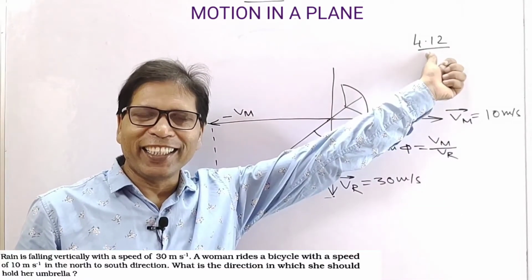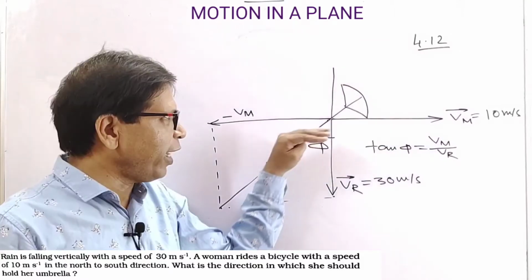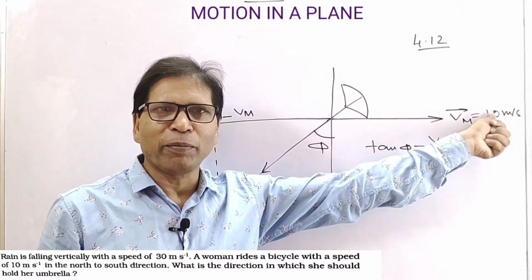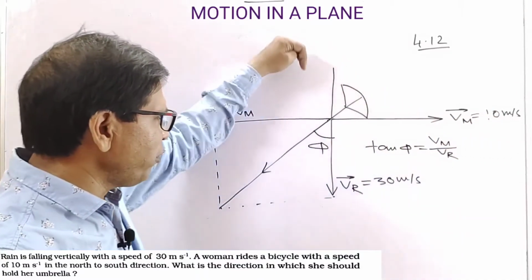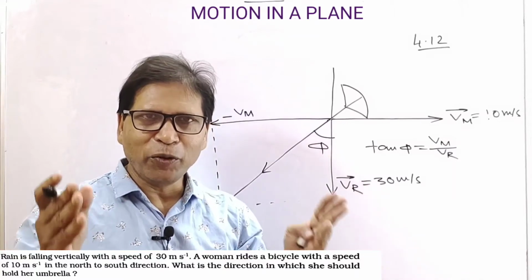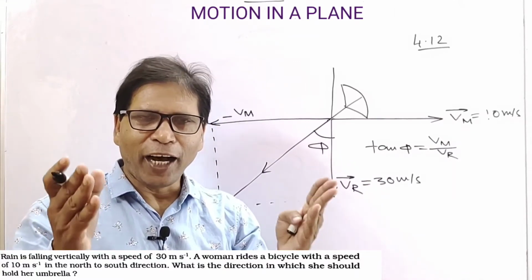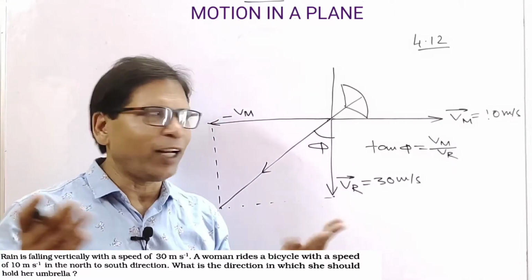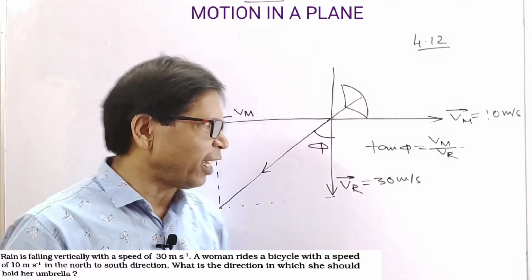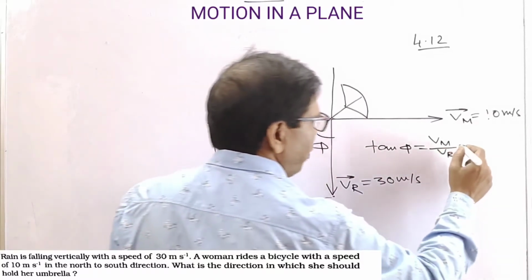Now look at this, NCERT 4.12. Here a woman is moving along this direction with velocity 10 meter per second. Rain is falling vertically at 30 meter per second. Find the direction in which she should hold the umbrella to save herself. If phi is the angle made by the umbrella with the vertical, then tan phi equals Vm by Vr.